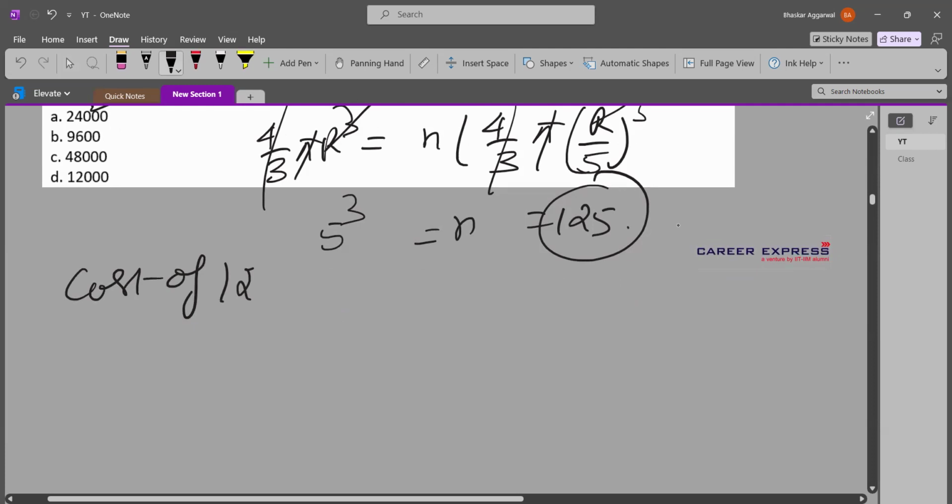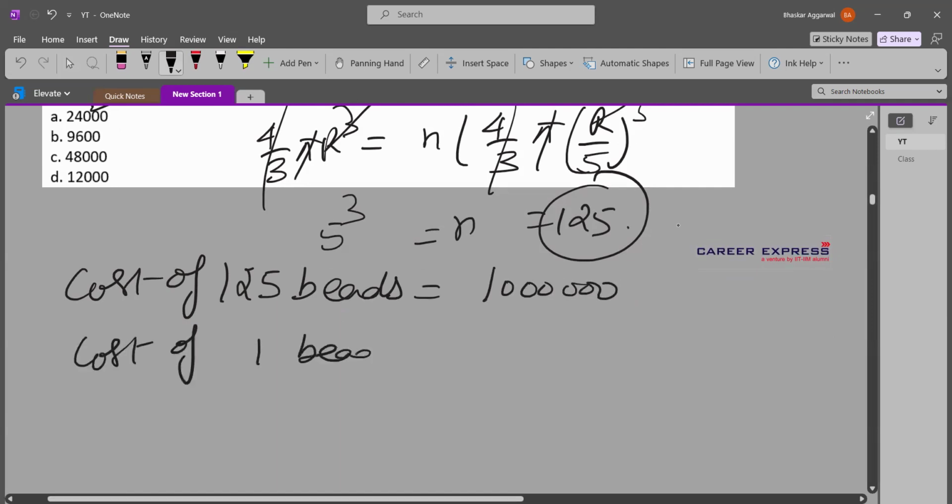So we can say cost of 125 beads is 10 lakh. So cost of one bead, that will be 10 lakh upon 125, that is 8,000.